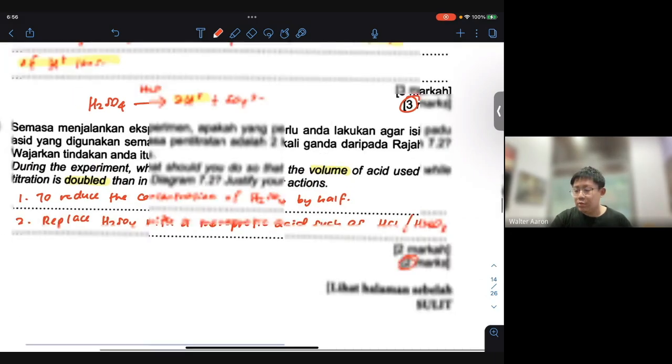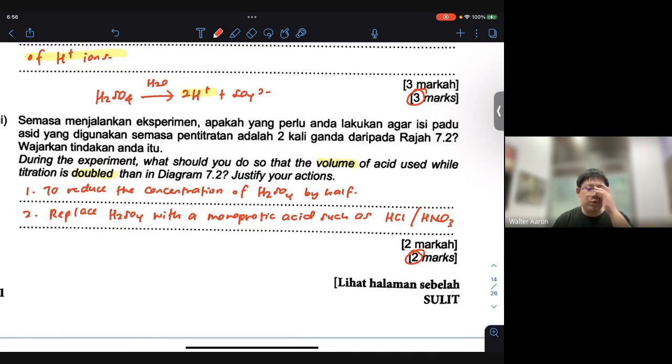Okay, so if you write the first one, you must justify why. Like the first answer we give, you must say that if you reduce the concentration by half, the amount of hydrogen ions also will be half. And for the second one, if you say you want to replace it with a monoprotic acid, you'll have to show an example, or what kind of monoprotic acid. So you must put that such as HCl or HNO3, then you'll be able to get marks as well.